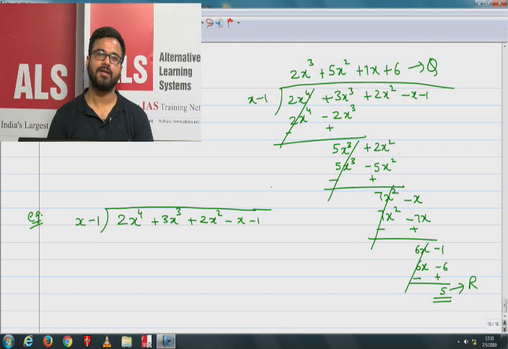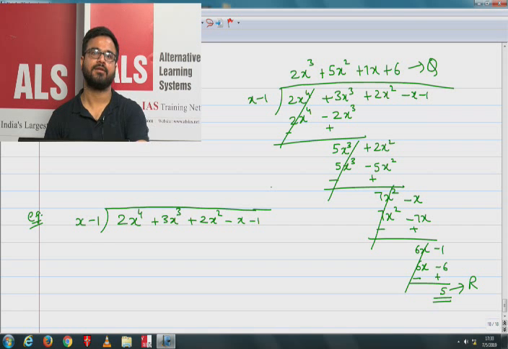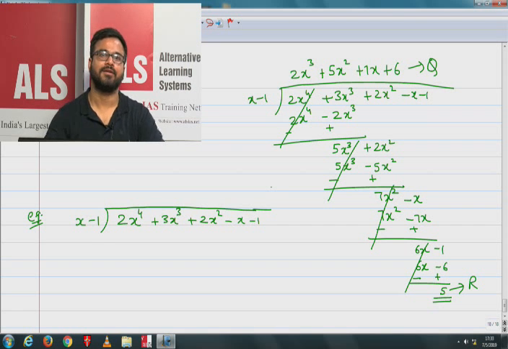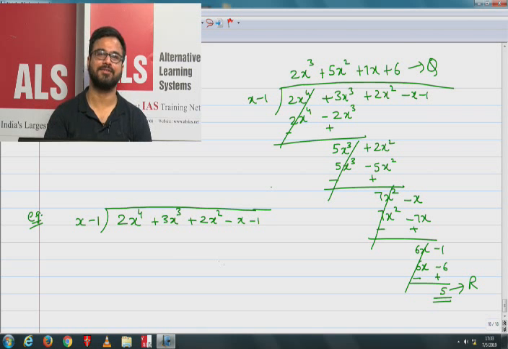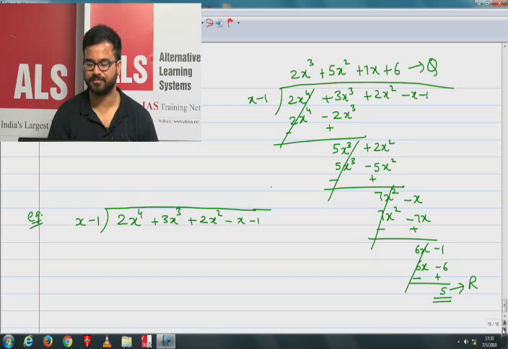Raise your hand. In the front row, is that clear? In the front bench? Okay then. So let's proceed to the next question then.